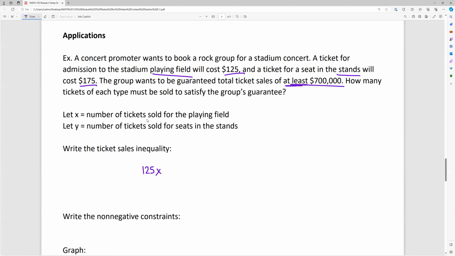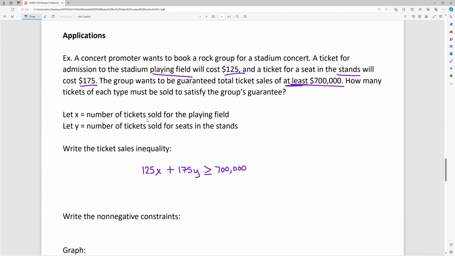So remember, x is all the tickets that they sell for the playing field, plus, because they're going to add that to the total cost, I should say, of the stand ones. The stands are $175 for every stand seat ticket. And at least means we want to come out at 700,000 or better. So that's going to be greater than or equal to 700,000.